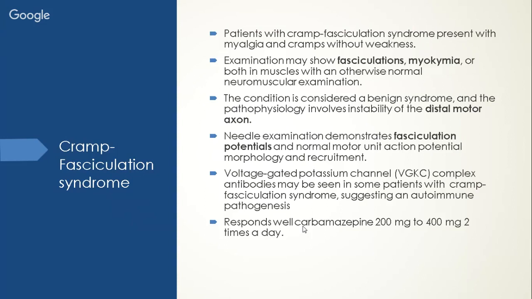You'll find it's really common that these syndromes have voltage-gated potassium channel antibodies, which delineates that this is an autoimmune disease, not only in Cramp Fasciculation syndrome, but in all of them. It usually involves the calf muscles, but treatment is not really a problem. They usually respond well to carbamazepine.